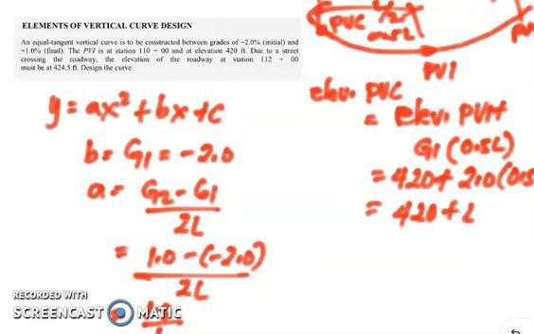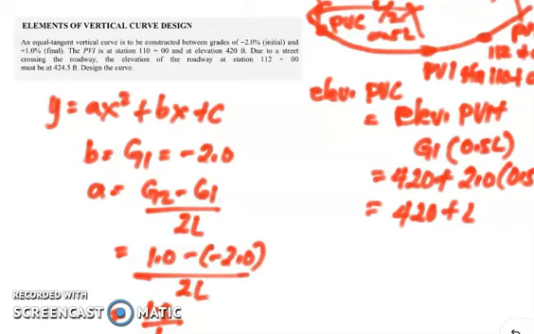We have to take note that the station at PVI is at 110 plus 00, and the point of interest is at station 112 plus 0.